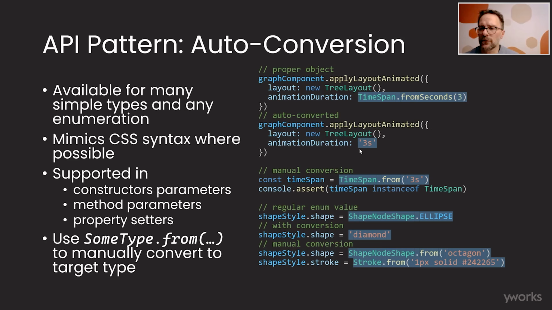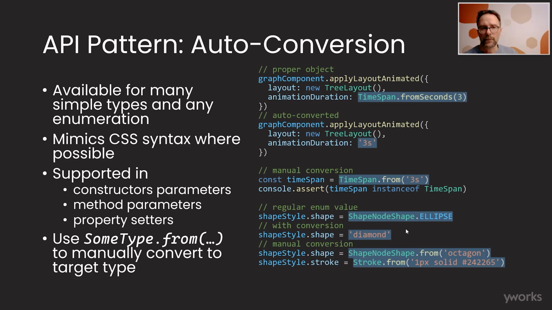For all of these conversions, there's also a convenience: if you go to the type, there's a .from method, which you can pass those substitutions to, and it will immediately give you back the actual object. So the result of calling TimeSpan.from with 3 seconds is that you actually get an object of type TimeSpan. And this is what happens internally in yFiles.